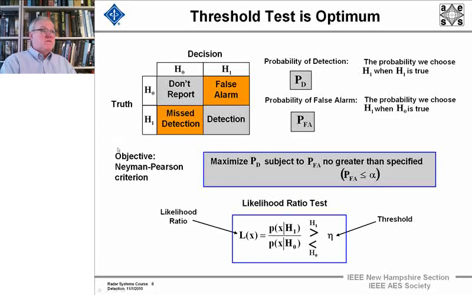And the objective is the Neyman-Pearson criterion: when we do our mathematics, we want to maximize the probability of detection subject to the probability of false alarm being no greater than a specified amount. The probability of false alarm is less than or equal to alpha. And here is that likelihood ratio test.